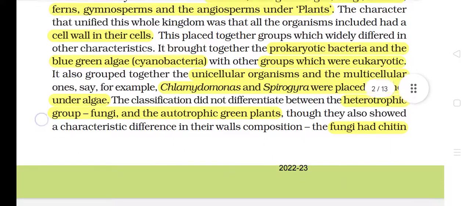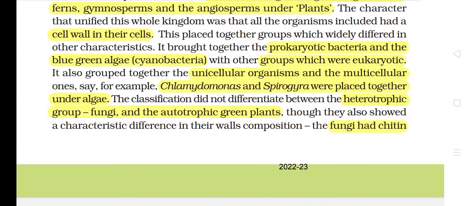It brought together the prokaryotic bacteria and the blue-green algae, cyanobacteria, with other groups which were eukaryotic. It also grouped together the unicellular organisms and the multicellular ones. Say, for example, Chlamydomonas and Spirogyra were placed together under algae.